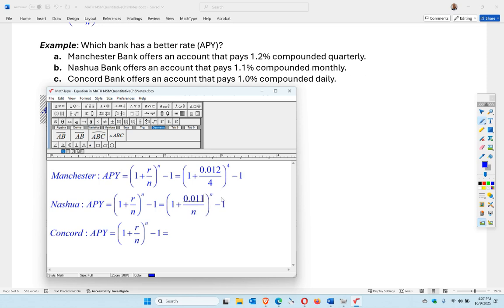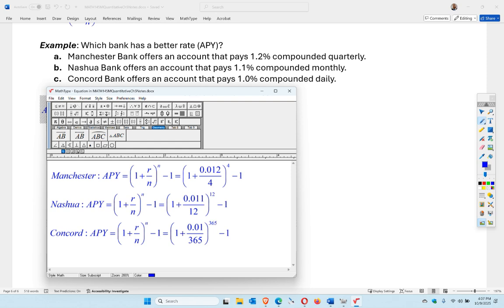It's compounded monthly, which is 12. And then the Concord Bank, the rate is 1%, so 0.01. It said compounded daily, which is 365 days in a year.